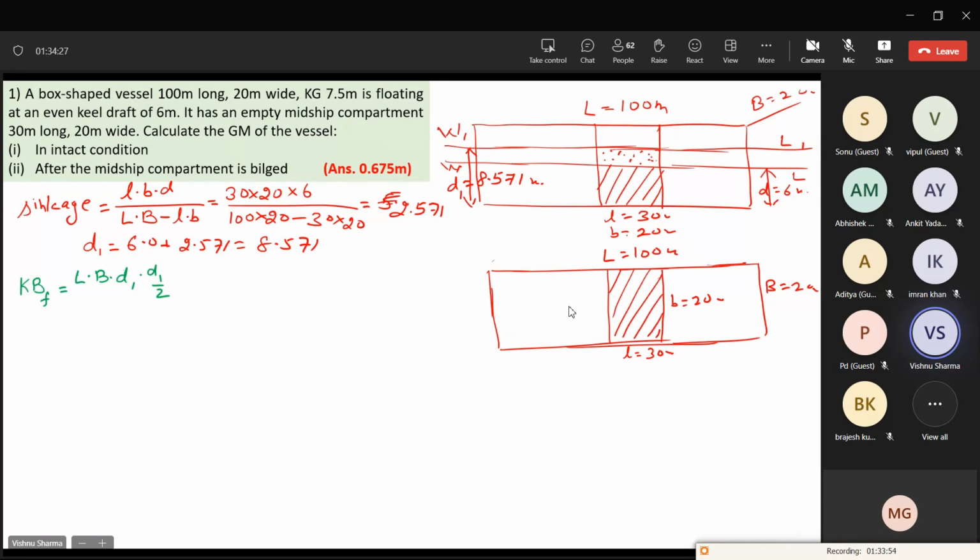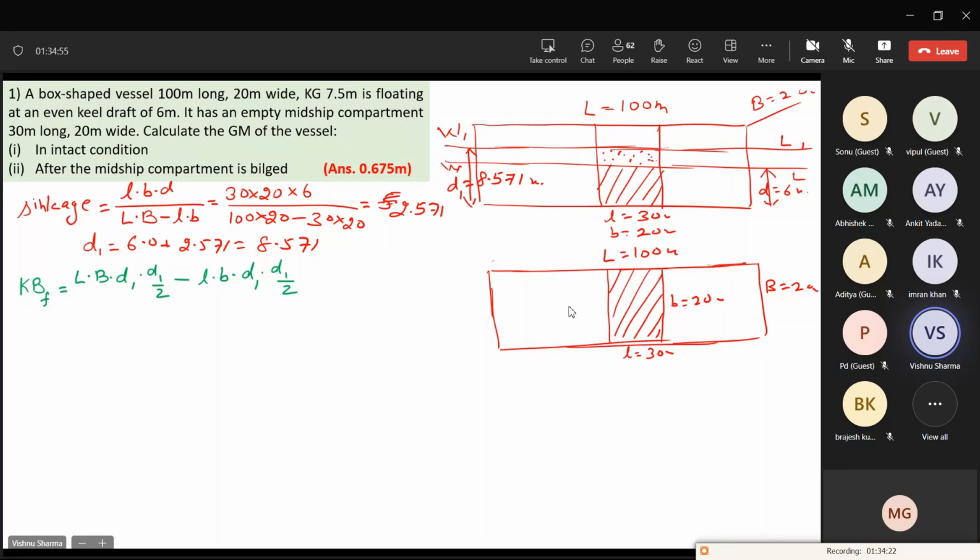From there, I subtract the vertical moment of volume that is under the water, but not contributing to buoyancy, not coming to my rescue. And I look at the diagram again. The volume that is under the water and not contributing to buoyancy is small l, small b, D1. I look at the distance of its geometric center, the lever, D1 by 2.